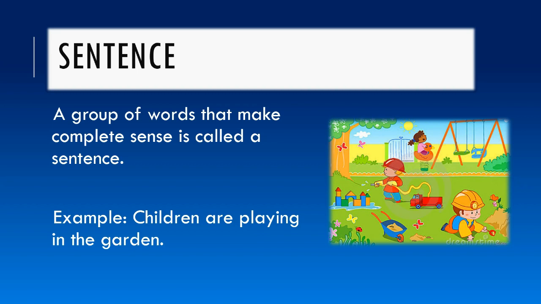Children are playing in the garden. I hope you understood and got an idea about what a phrase is and what a sentence is. Let us learn in detail about the differences between a phrase and a sentence.